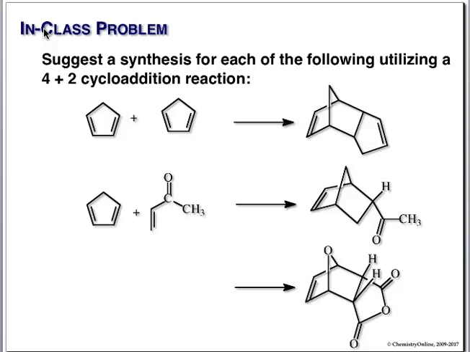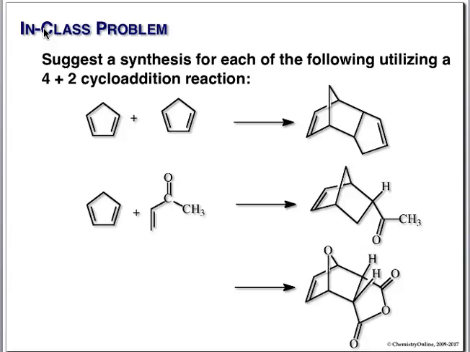This one has way too many oxygens, doesn't it? But let's do it anyway. Look across your 6-membered ring opposite the double bond to find the carbons of the dienophile.